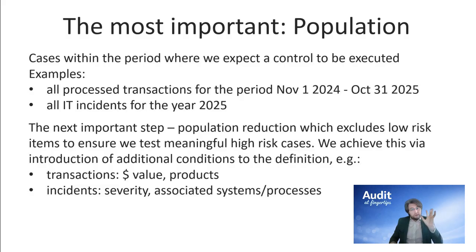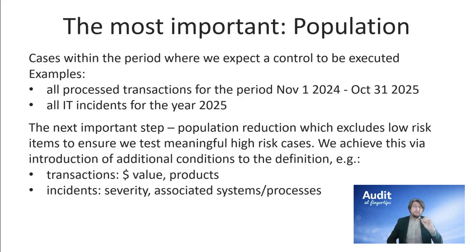So for instance, we're not reviewing transactions smaller than $500, or we focus on high-risk products. So we review only transactions that relate to particular products. Now, for technology incidents, we can exclude low severity incidents and focus only on something high, right?